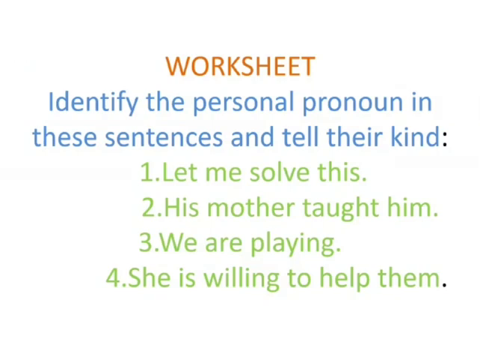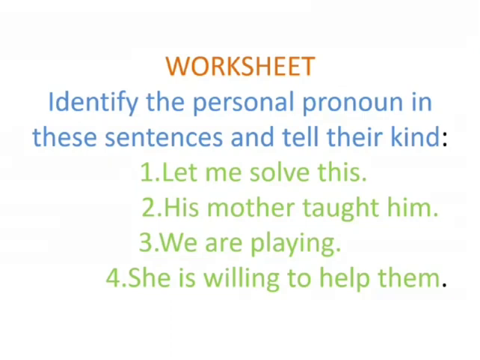Here the word me is the personal pronoun and it is an object pronoun. His mother taught him. Here the word his and him are the personal pronoun. His is the subject pronoun and him is the object pronoun.